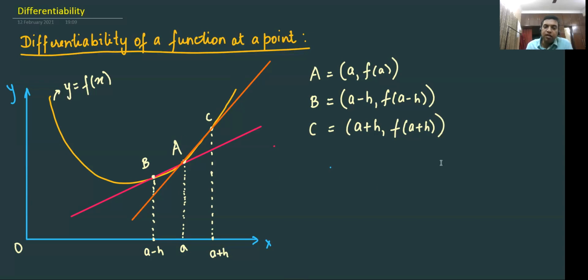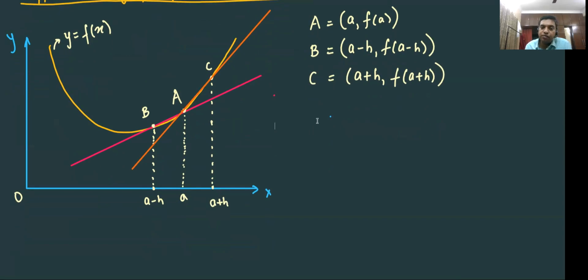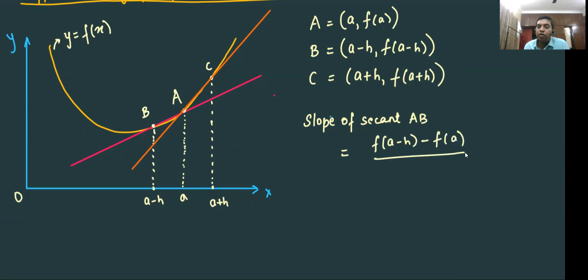So now the slope of secant AB, you get y2 minus y1 by x2 minus x1, so we can write this as f of a minus h minus f of a upon a minus h minus a, which is f of a minus h minus f of a by minus h.